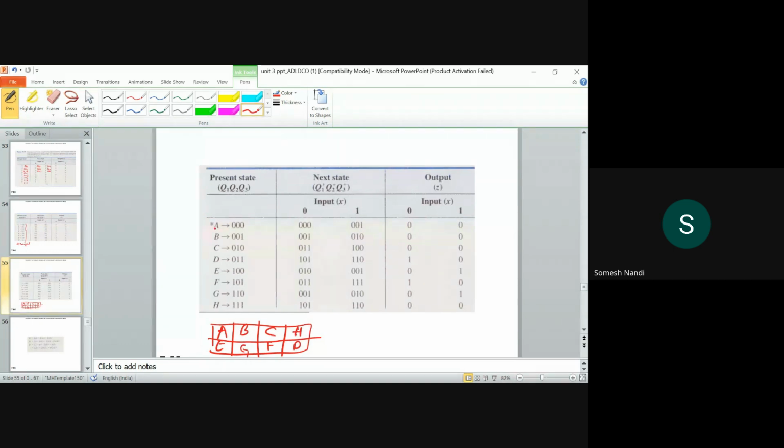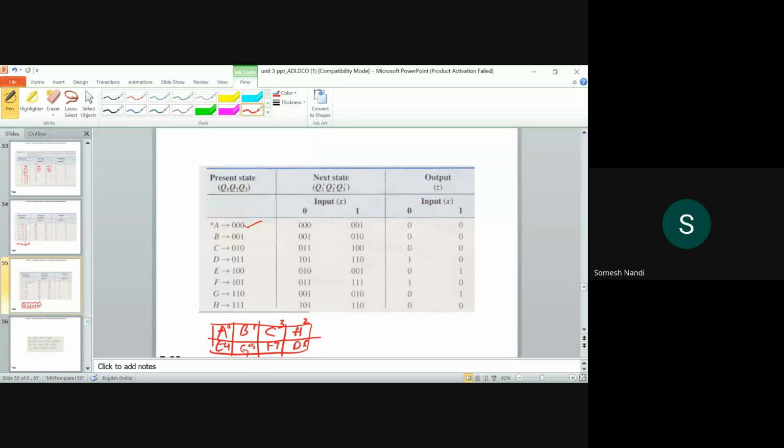You can see A is 0, 0, 0 because this is your 3 variable map, because you have Q1, Q2 and Q3, 3 variable map. So this would be 0, 1, 3, 2, 4, 5, 7, 6.